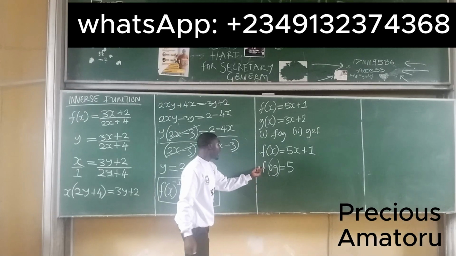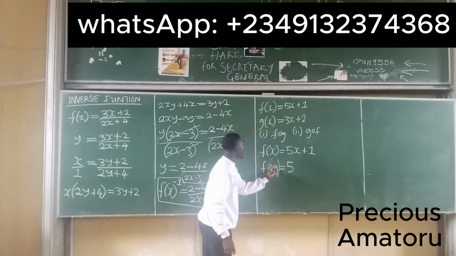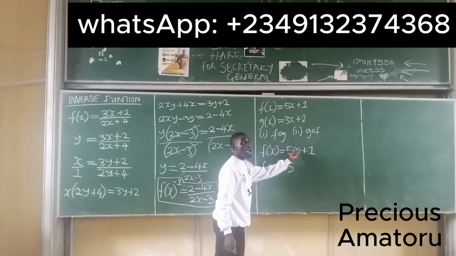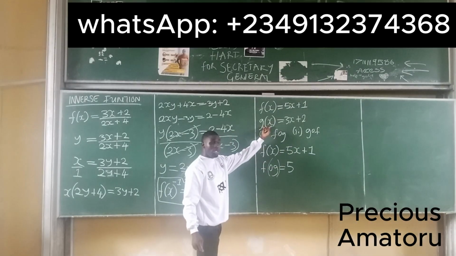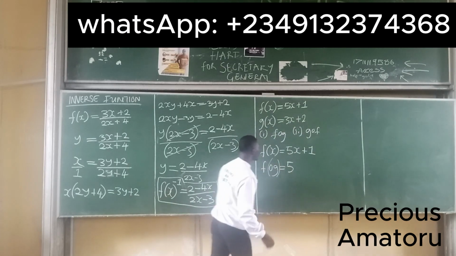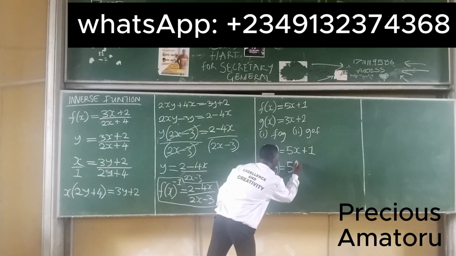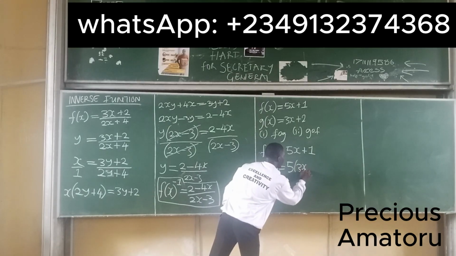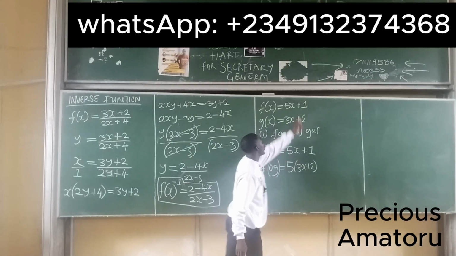Since we are taking f of g, inside the bracket we put the expression of g, which is 3x plus 2. So instead of writing x, we put down 3x plus 2: 5 multiplied by this, plus 1.